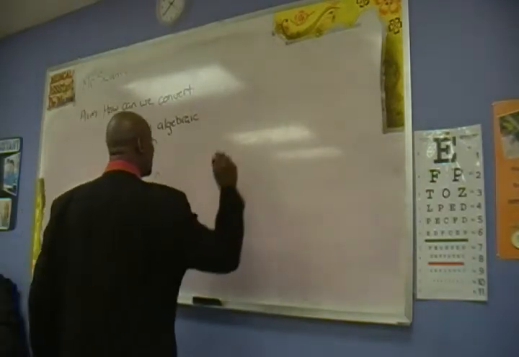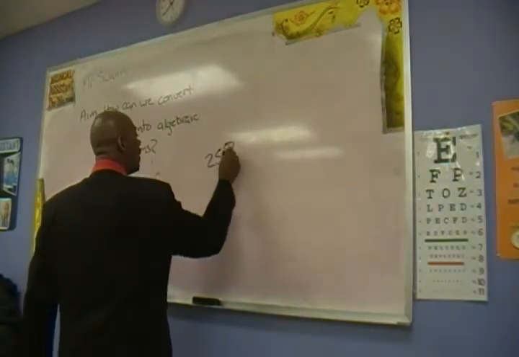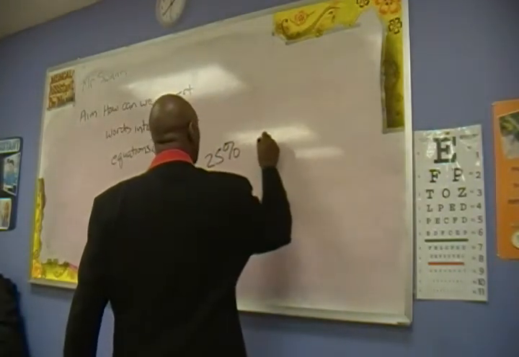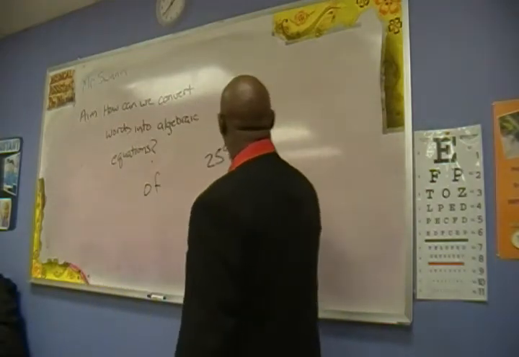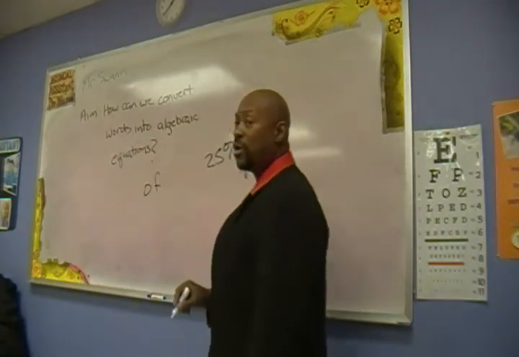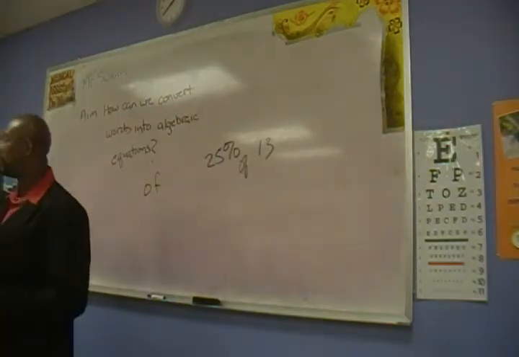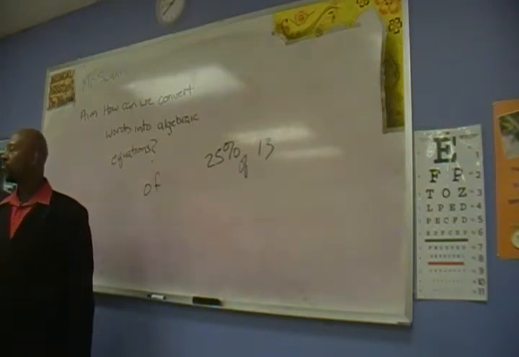So like if the question says, what is 25% of, I don't know, 13, let's say. What's 25% of 13? How you gonna work that out?